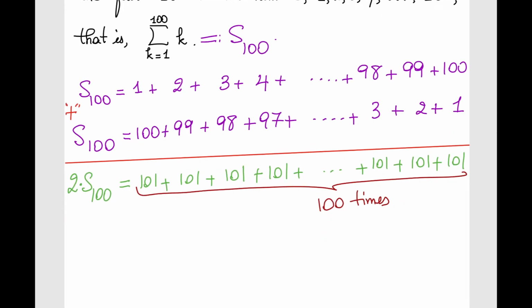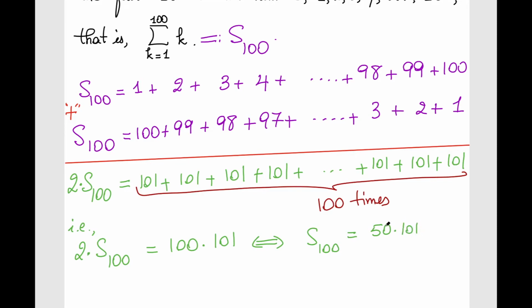So what can we say then? Two times that number that I want to find is equal to 100 times 101, correct? 101 plus itself 100 times is 100 times 101. So if I divide both sides by 2, the sum S sub 100 is 50 times 101.